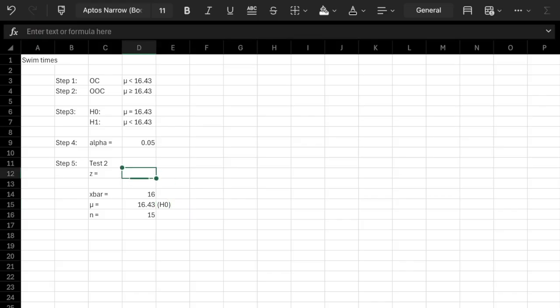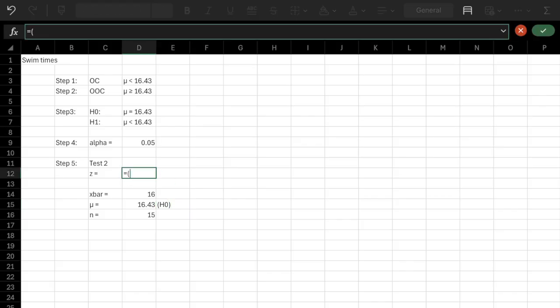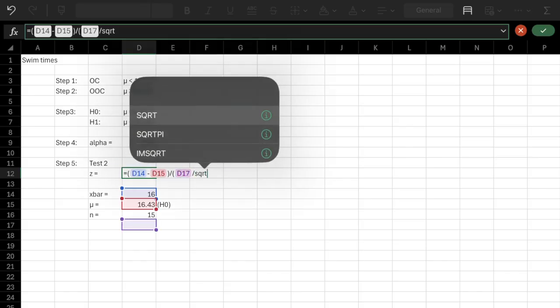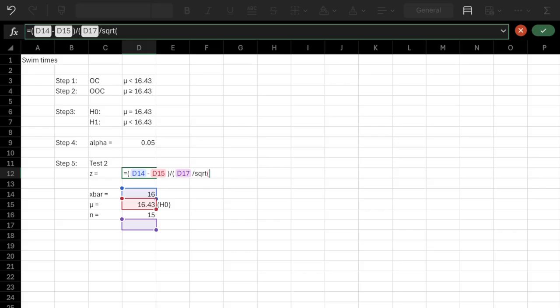Okay, so the z-score is going to equal, parenthesis, x bar minus mu, divided by, parenthesis, sigma. Oh, I forgot to put in sigma. Sigma will go right there in that cell. Divided by square root of n, close parenthesis for the denominator. Enter.